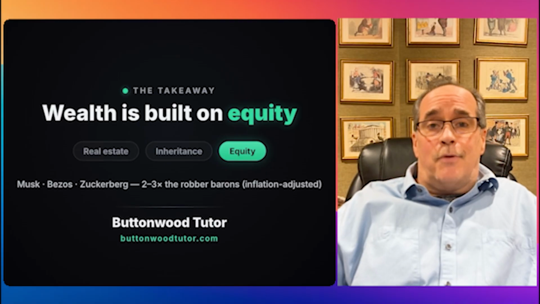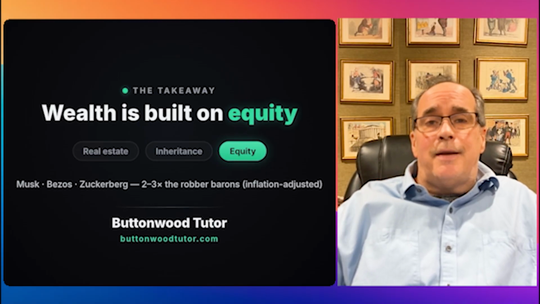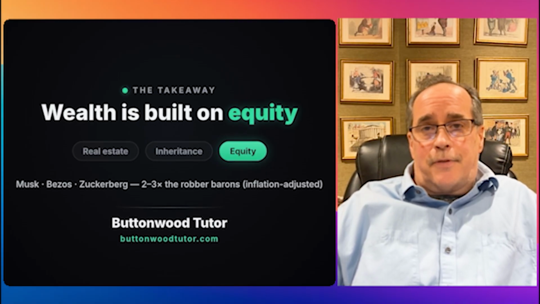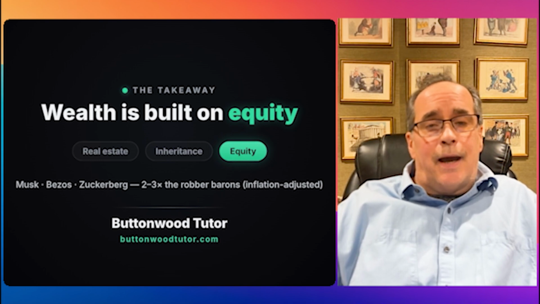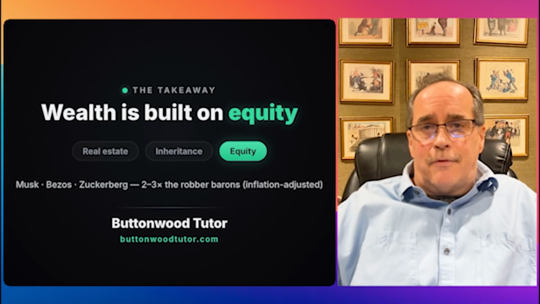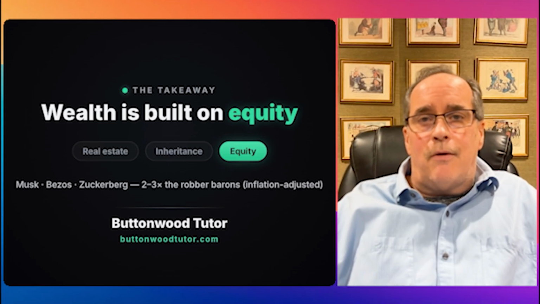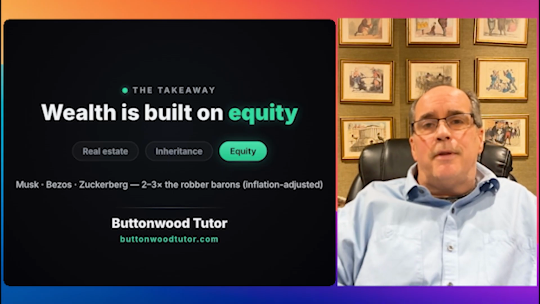They call those guys the robber barons, okay? These guys are now worth 2 and 3 times that, and it's almost entirely based on equity holding. Now, in no way, shape, am I saying that's going to last forever, but the way that things are going right now, owning equity is probably the way to go.